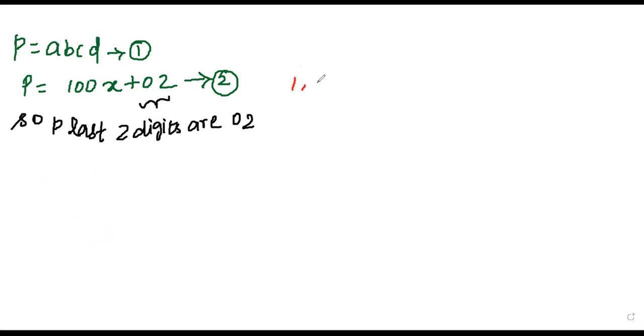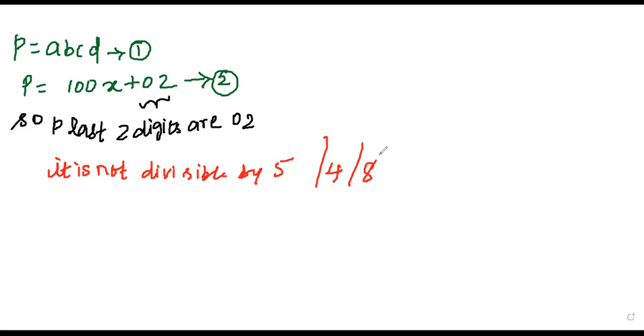And we already know the integers given are 1, 2, 3, 4, 5, 6, 7, 8, 9. We are going to predict the factors of P from this. I'll tell you how. Since the last two digits of P are 0 and 2, it is not divisible by 5 or 4 or 8.